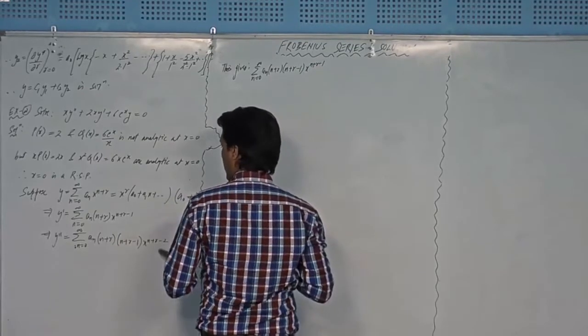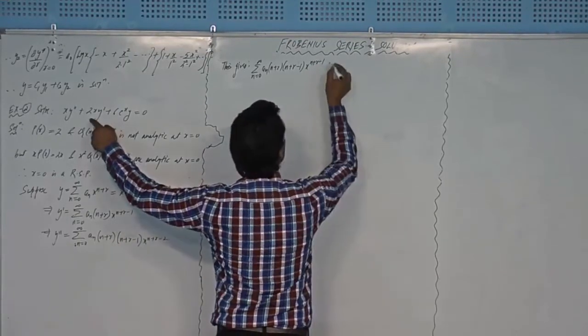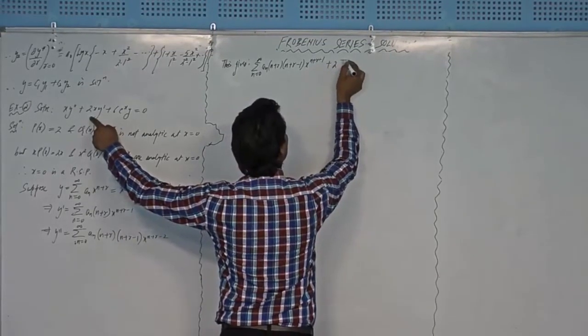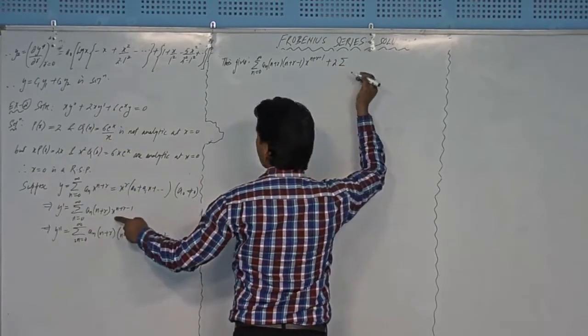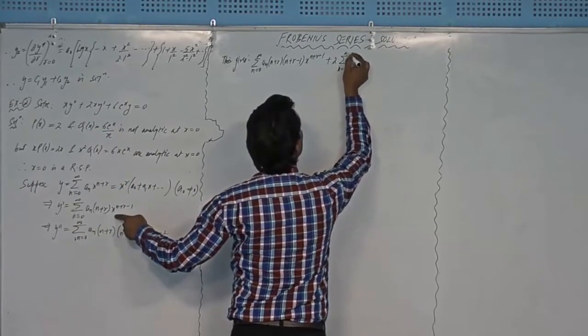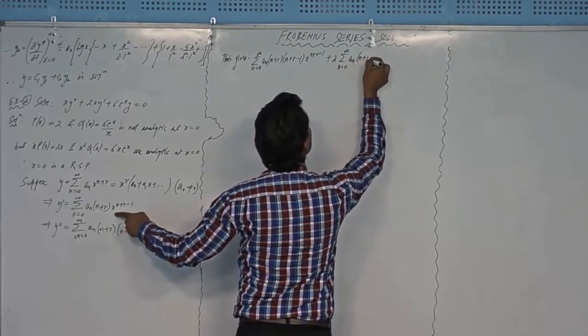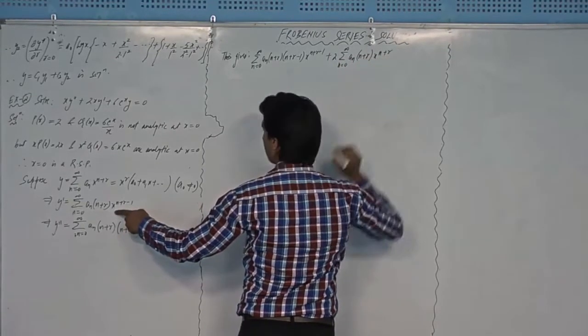And 2 times x multiplied with y dash will produce a n (n plus r) x to the power n plus r.